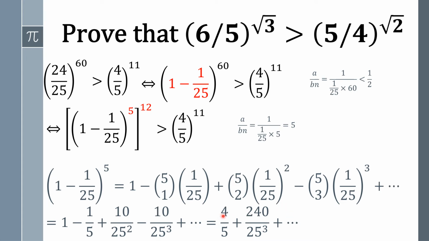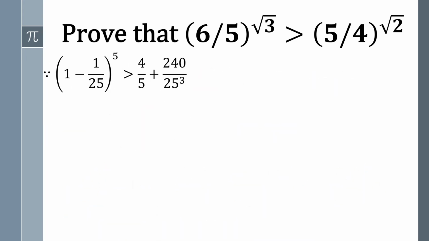We have a 4/5 here, which is also the right side of the inequality. This will be very helpful. So, (1 minus 1/25)^5 is larger than 4/5 plus 240/25³.